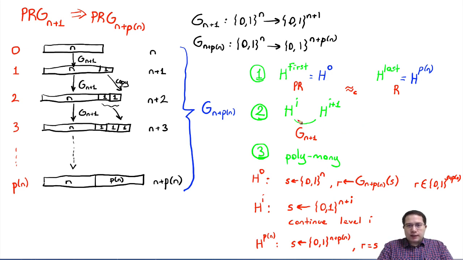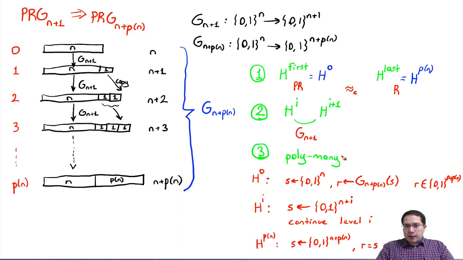So essentially, this difference here would correspond to distinguishing Gn plus 1's pseudo-random output from a random value of the same length. Remember, that's what we wanted to achieve. Distinguishing each neighboring hybrid should correspond to breaking some underlying assumption. The assumption here would be Gn plus 1 is indistinguishable from random.